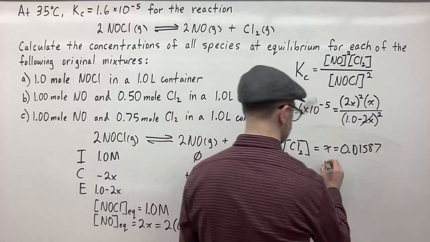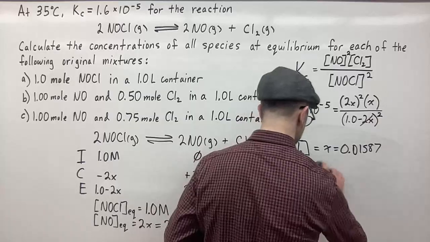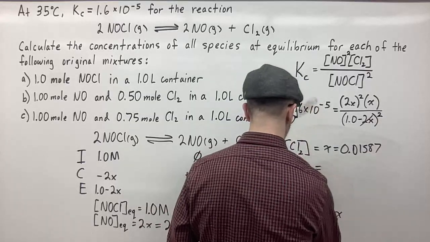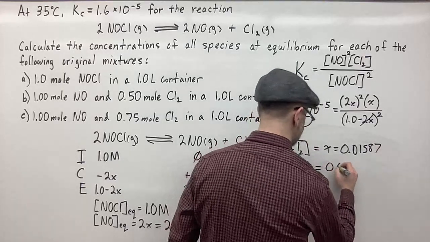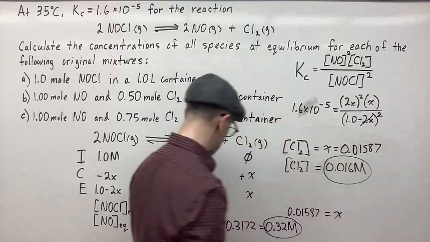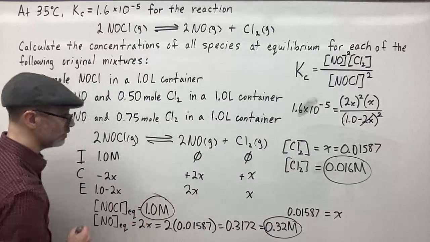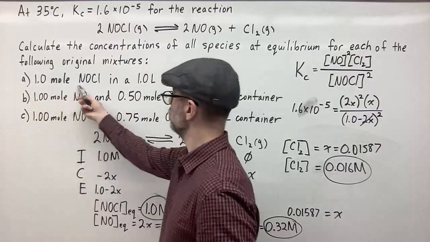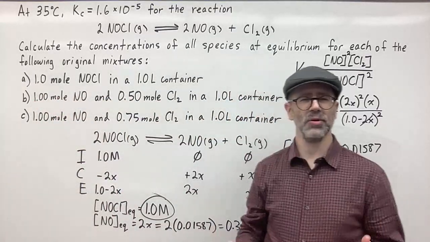If we round that to 2 sig figs, the concentration for Cl2 is equal to 0.016 molar. So now we have the concentrations of each of the species under these original starting concentrations.